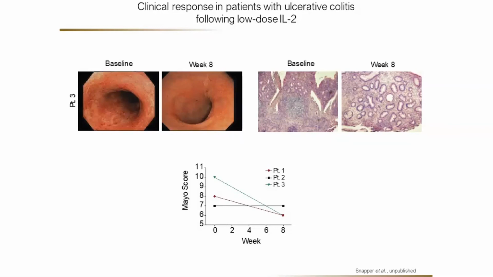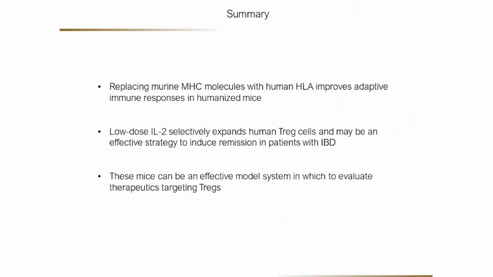And importantly, if one is interested in assessing a therapeutic where the intent is to expand regulatory T cells, the good news is you can use the off-the-shelf NSG mice that Jackson already humanizes as a rapid way to assess this. You don't have to inject them and wait 4 months like we had done previously. So I think the utility of using these animals for these purposes actually is quite remarkable.